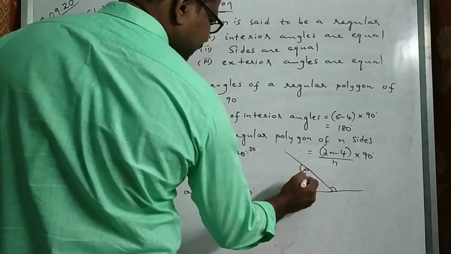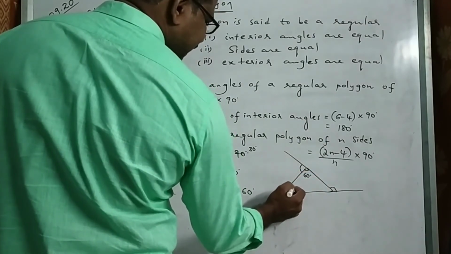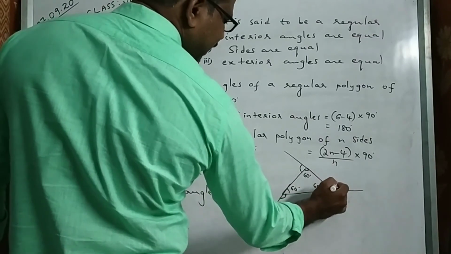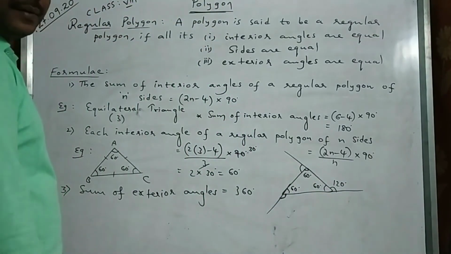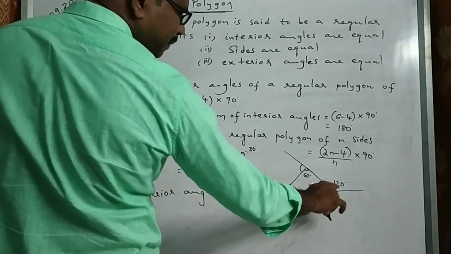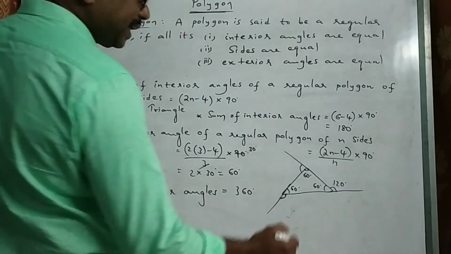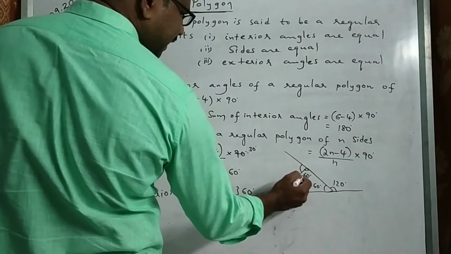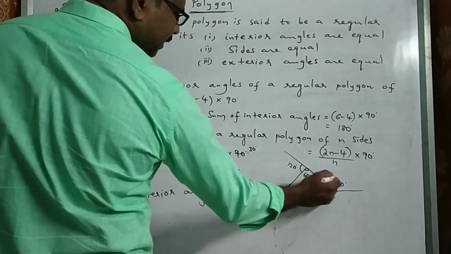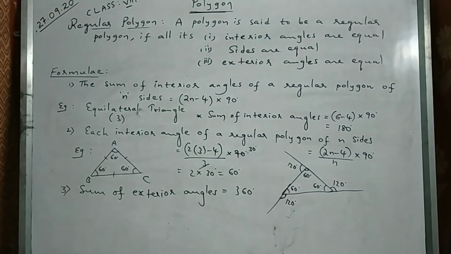For example, this is 60, interior 60, no? For an equilateral triangle, then this will be how much? 120, because a linear pair forms 180 always. If this is 60, then this will be 120. This also will be 120. 120 three times is how much? 360.